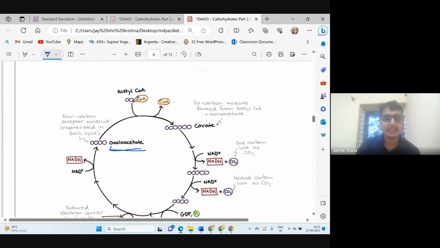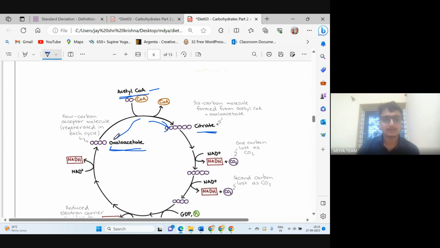Oxaloacetate reacts with acetyl coenzyme A, and in this reaction one molecule of coenzyme A is removed, and the acetyl and oxaloacetate are converted into citrate. They both form citrate.